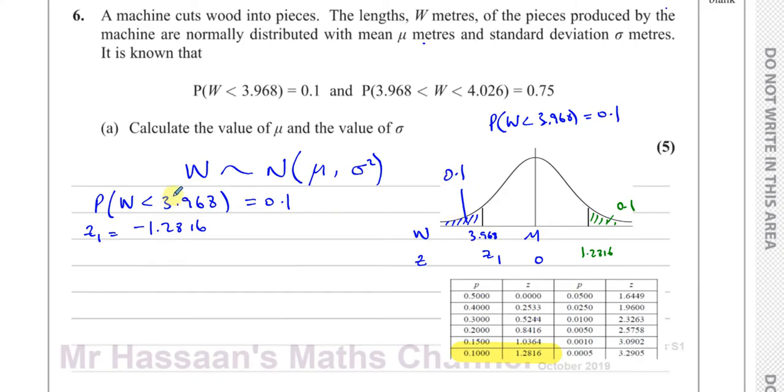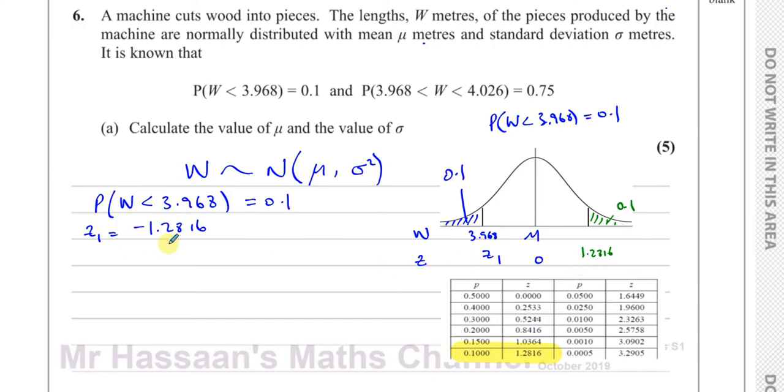We know the area to the left of this is small, because it says less than, so the Z value must be somewhere to the left of the mean, below the mean. The Z value tells you how many standard deviations above or below the mean we are. If we're below the mean, it's going to be negative. If we're above the mean, it's going to be a positive Z value.